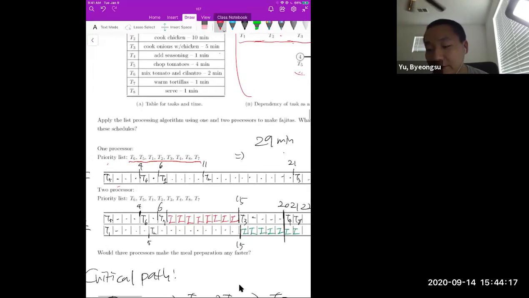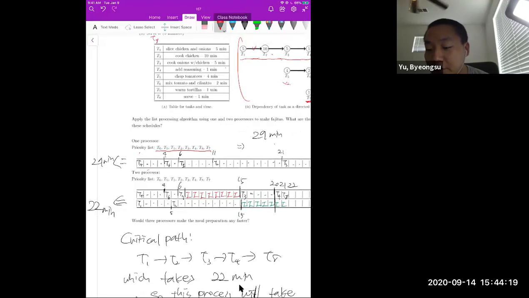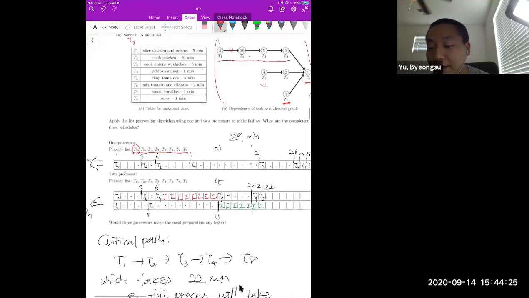For example, your priority list says T6 is first, but as I said earlier, at time 0, all the ready tasks are T1, T5, T7, right? So you need to choose among T1, T5, T7 at the starting time using your priority list.